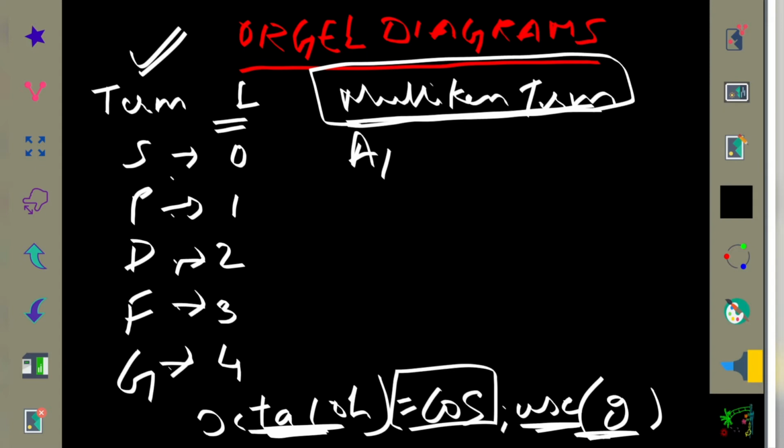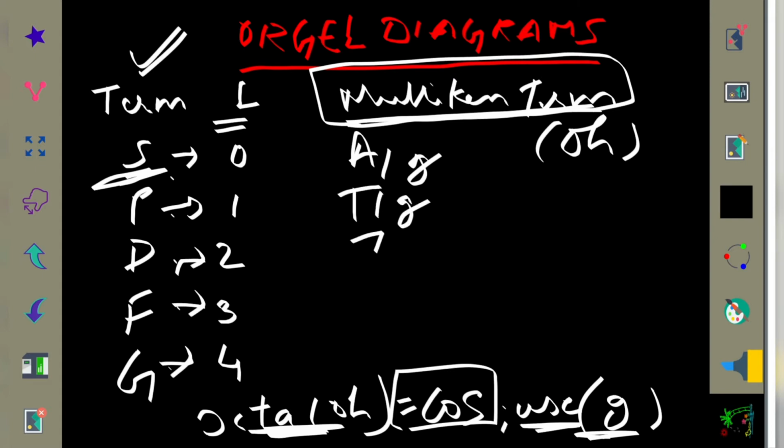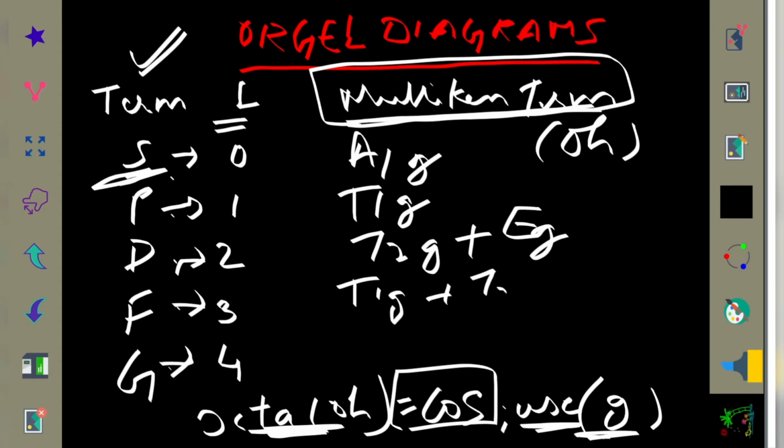So let's say we want to write the molecular term symbols for the octahedral complexes. For the S state, the molecular term will be A1g. For the P state, it will be T1g. For D, it is T2g plus Eg. For the F state, it is T1g plus T2g plus A2g.